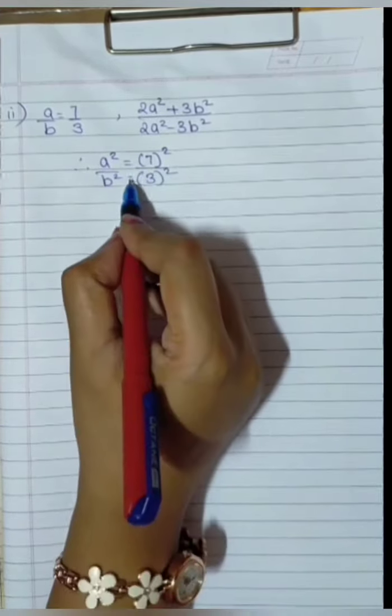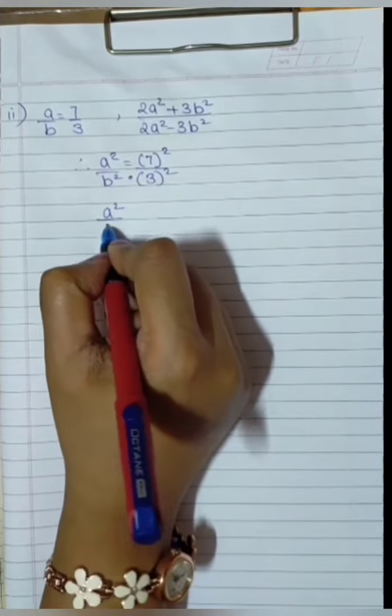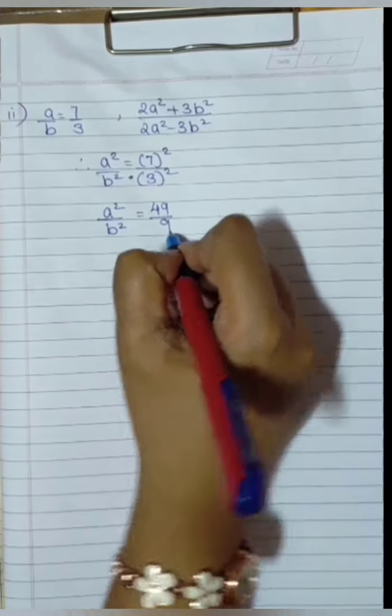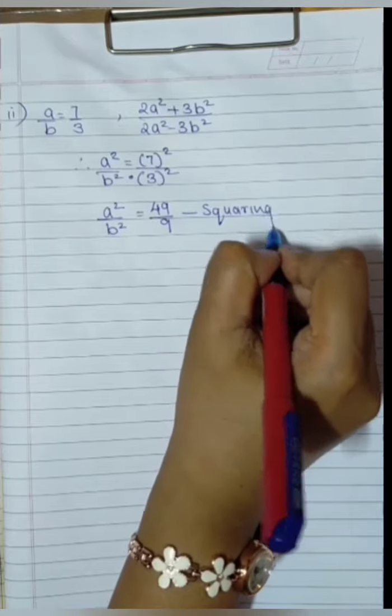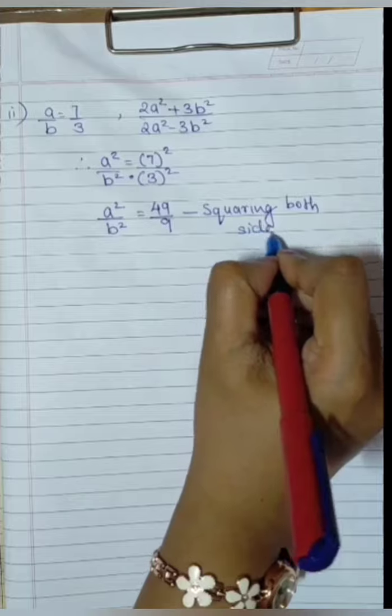Next, A square upon B square is equal to 49 upon 9, squaring both sides.